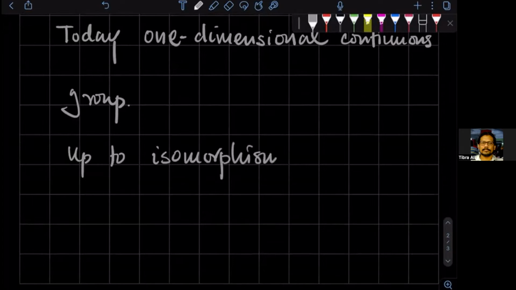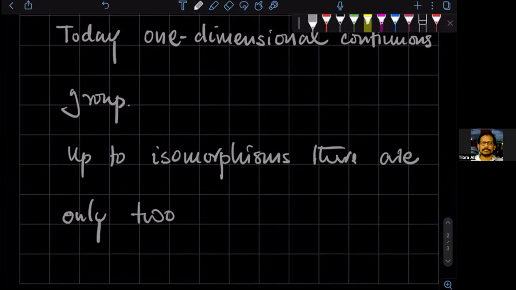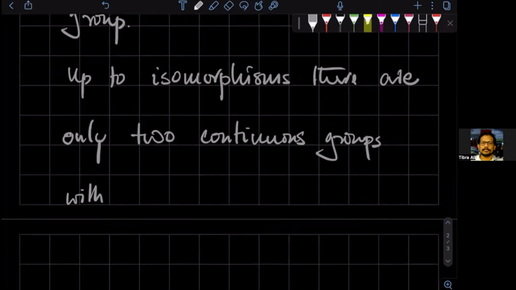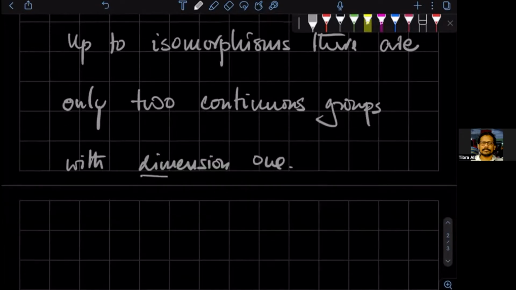So up to isomorphisms, there are only 2 continuous groups with dimension 1. Okay? By dimension, I mean the number of independent parameters that we need to describe the group.